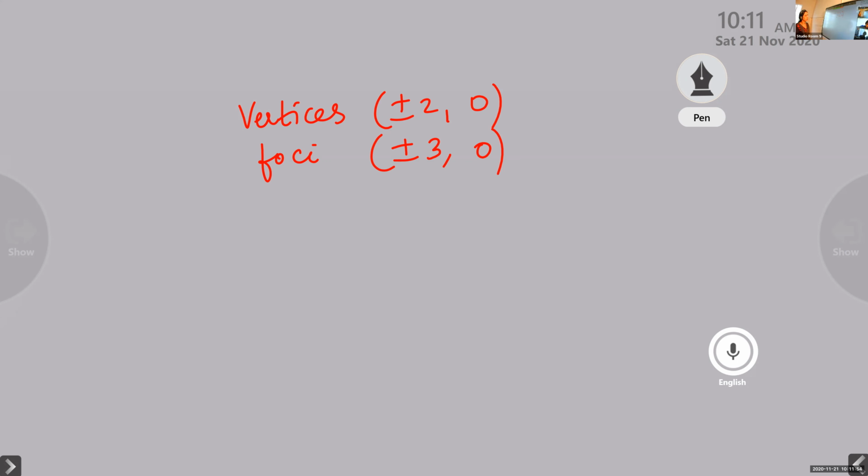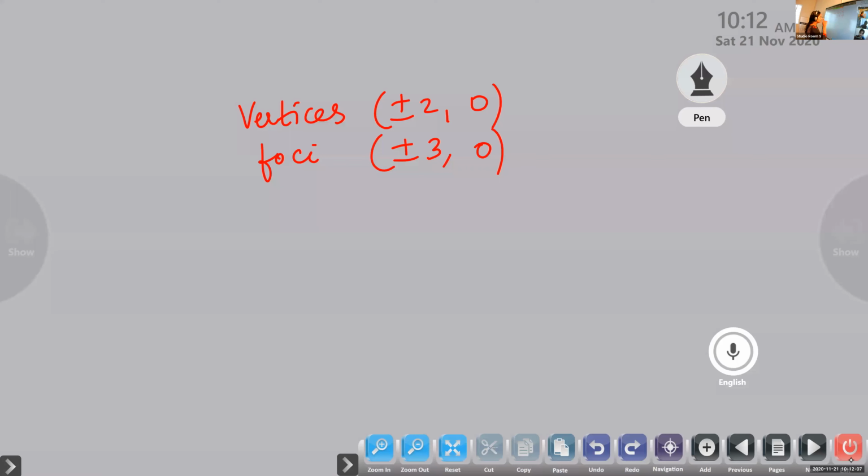So what will be the answer? Look at this, vertices and foci, where do they lie? Actually, they lie on the x-axis. Therefore, the equation of the hyperbola is x squared by a square minus y squared by b square is equal to 1.